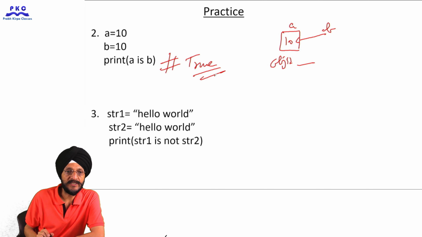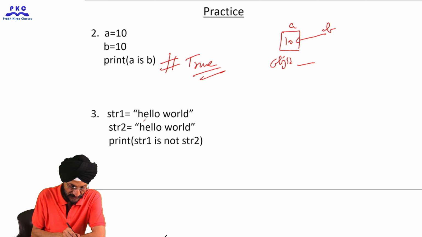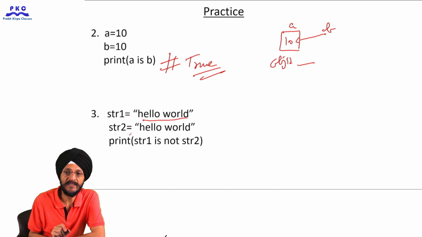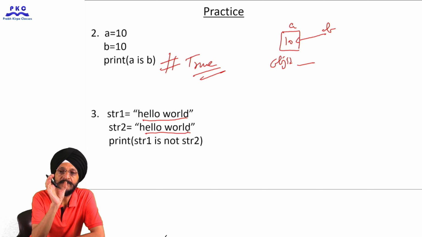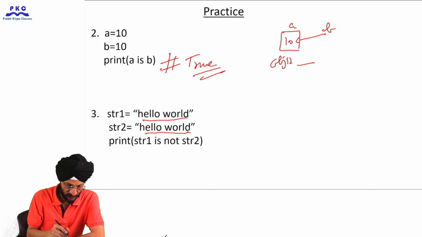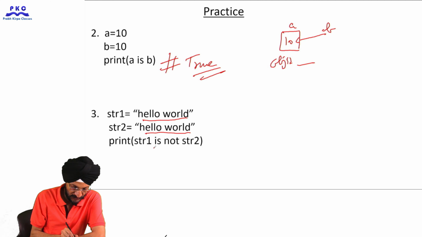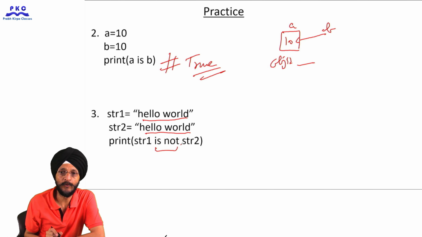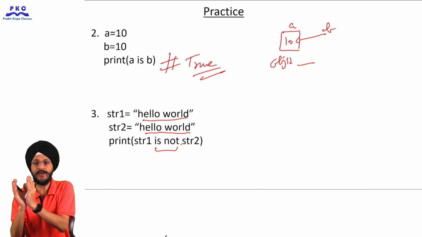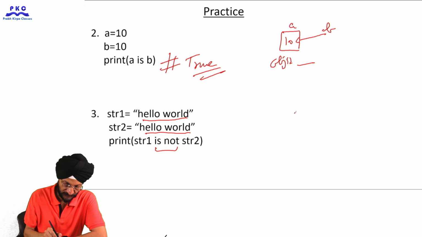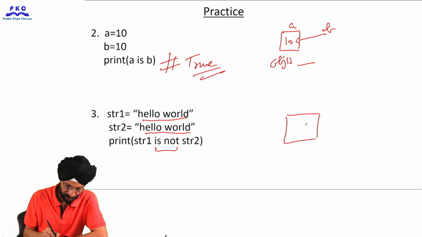Now the next question is str1, and here it is a string given as "hello world". Another string has been created, str2, with the same text "hello world". Now the is not operator has been used to find out whether str1 and str2 refer to the same object in memory. Here it is "hello world".